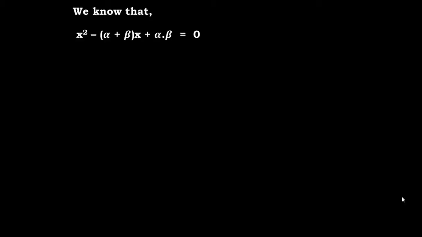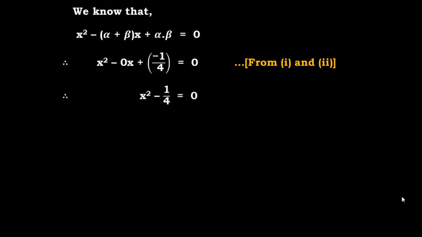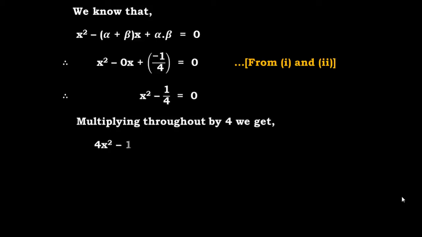So substitute the values, you will get x square minus 0x plus minus 1 upon 4 is equal to 0, from 1 and 2. That is x square minus 1 by 4 is equal to 0. Multiplying throughout by 4, we get 4x square minus 1 is equal to 0.